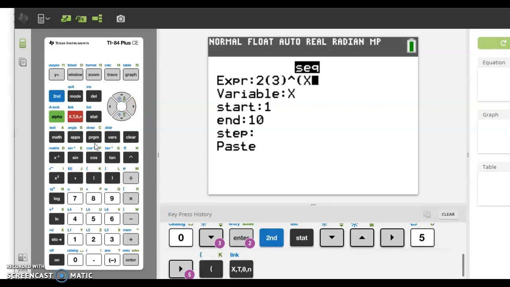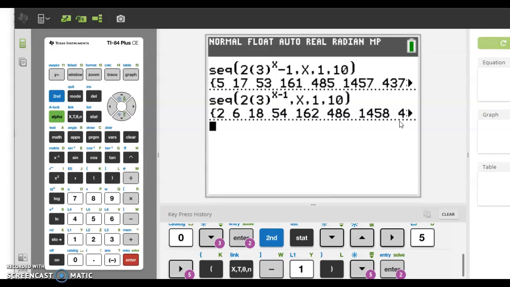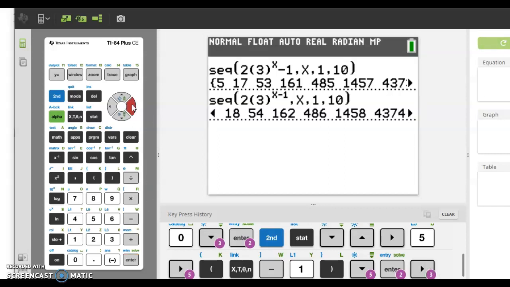Parentheses x minus 1. Now the calculator knows that entire quantity is an exponent. Better. See the difference? Press enter, different answers. And then if you want to scroll to the right, you should be able to just arrow to the right. You can see more numbers.